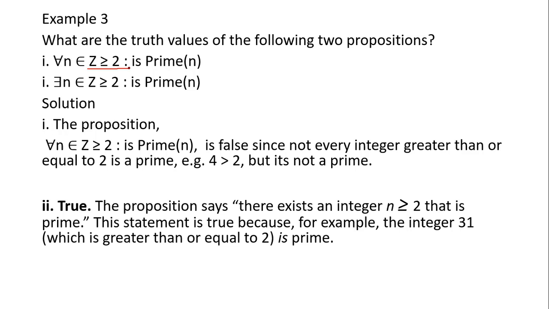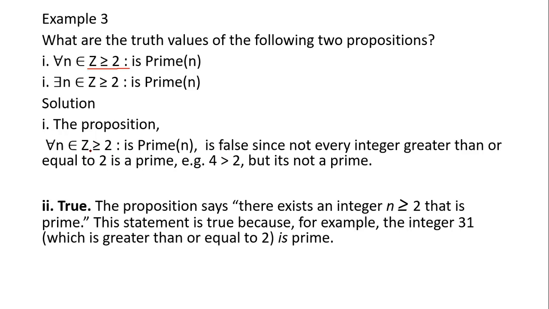So is it valid or not valid? Let's see. Now for I: for all n belonging to Z, greater than or equal to 2, n is prime. It is false. Why?